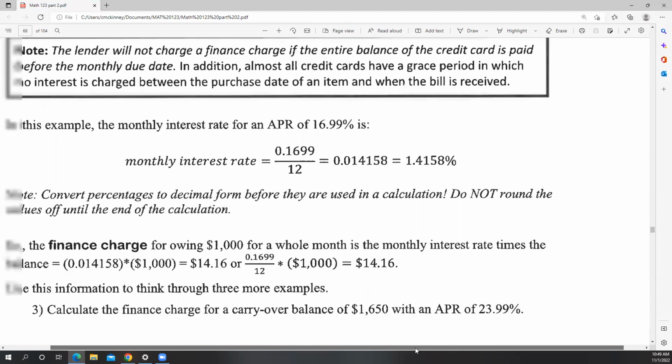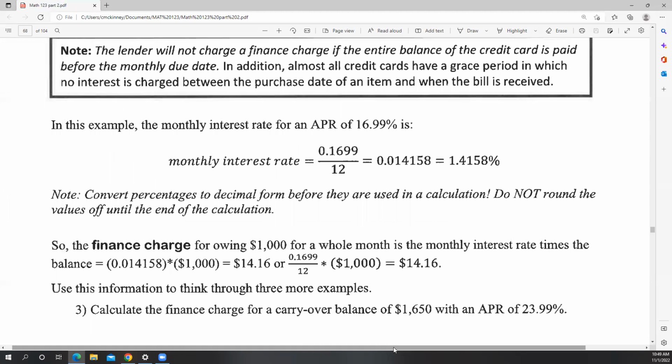And then it might sound kind of bad, but I am not so worried about what my APR is, because I always pay it off every month. Now, if something happened and my husband or I lost our job, and we couldn't pay it off at the end of the month, then I would be much more concerned about my APR.